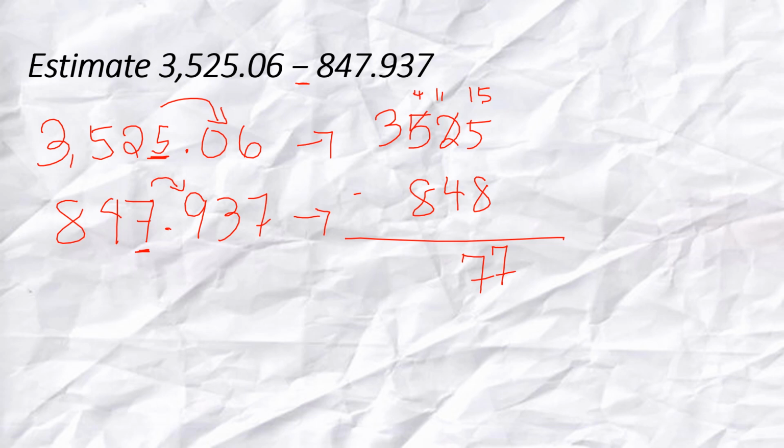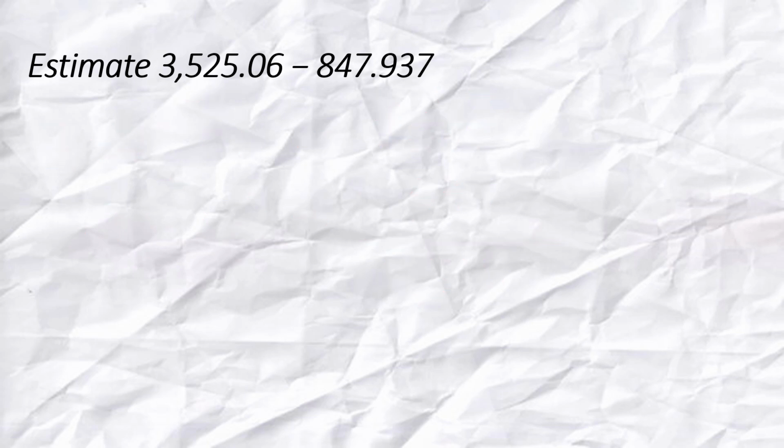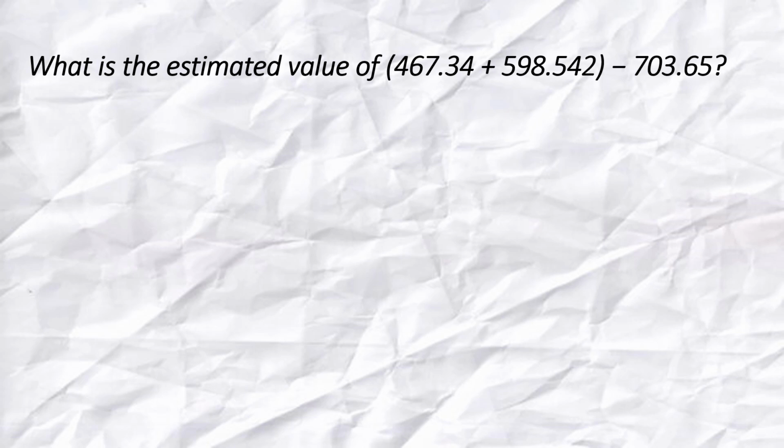Next, 4 minus 8, not possible. Borrow from 3. 3 will become 2. 4 will become 14. 14 minus 8 is 6. Next, bring down 2. So the answer here is 2,677.